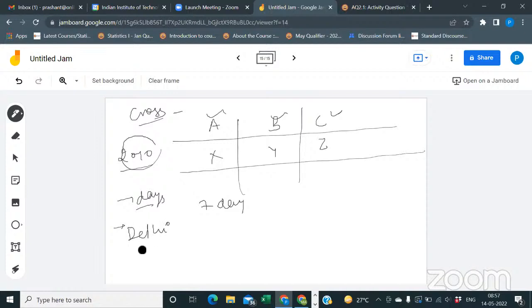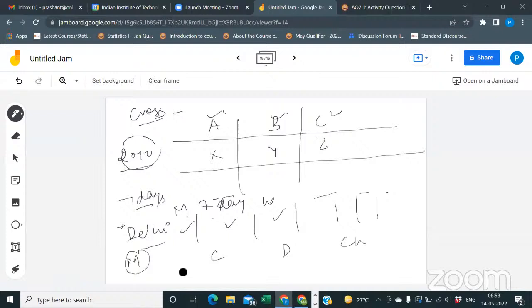Time can depend on what the time is. For 7 days, Monday has some temperature, Tuesday something, Wednesday something, and so on. Same thing, if I'm collecting the data on Monday in 3 cities, suppose Chennai, Delhi, and Chandigarh, here time is the same. It can be minute, day, or year also.